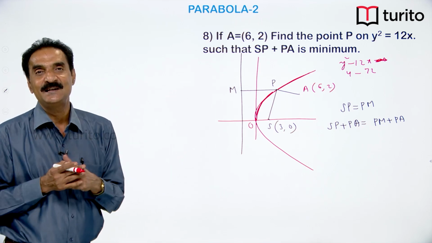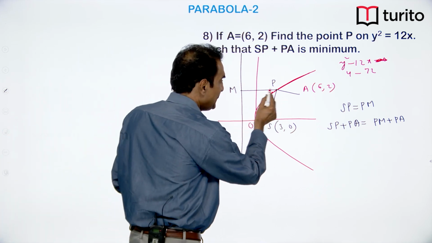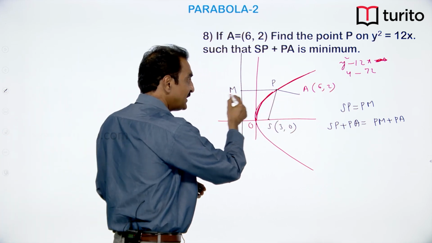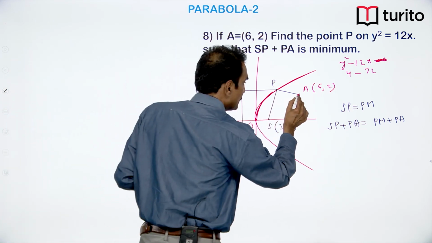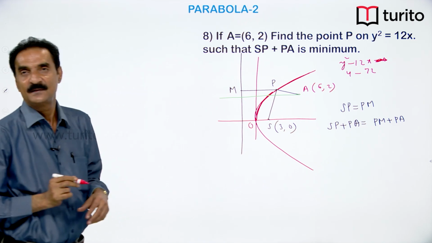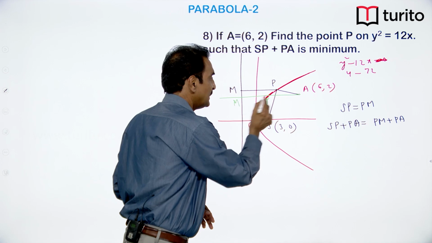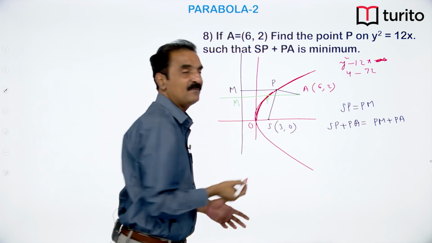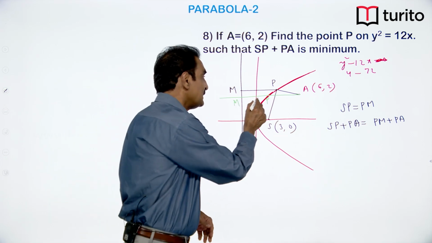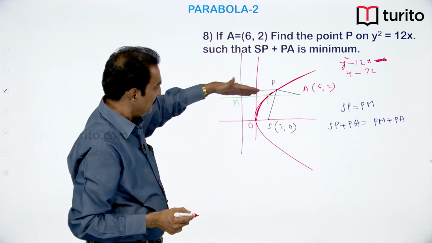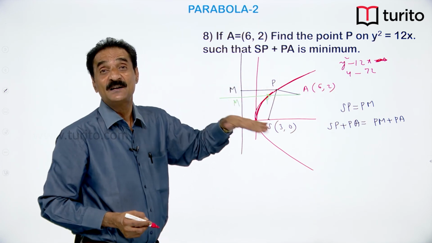So, you can easily see what should be the point P. This will be minimum when the 3 points are collinear. So, the diagram should be like this. Then only MP plus PA will be minimum, so SP plus PA will be minimum. Then how to get point P? Find the equation of this line. Clearly, this is a line through (6, 2) parallel to the x axis.